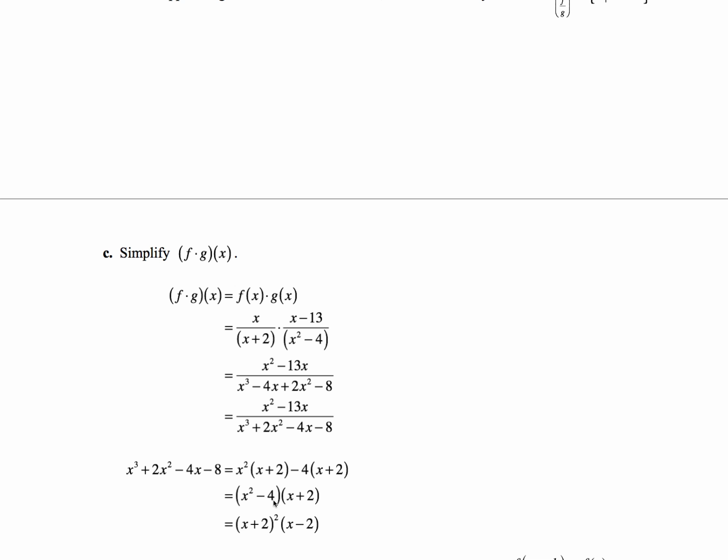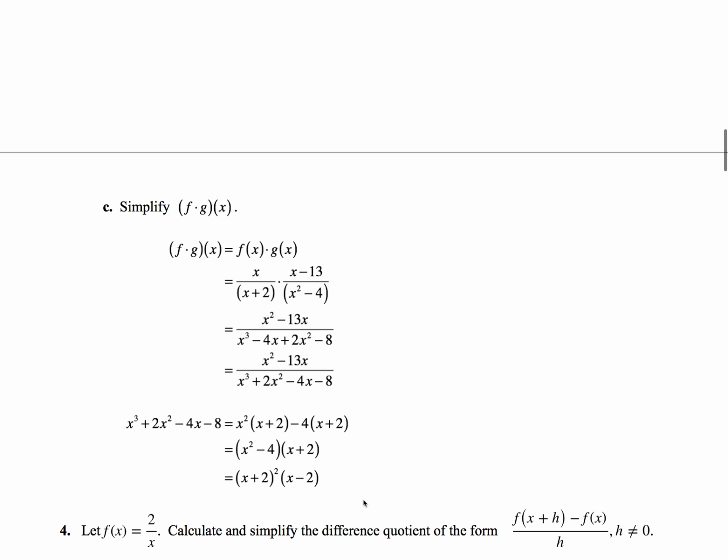Well, x squared minus 4 is the difference of squares and factored as we saw in the prior parts of the question. So x squared minus 4 is x plus 2 times x minus 2, and so we have x plus 2 times x plus 2, which is x plus 2 squared, times x minus 2.